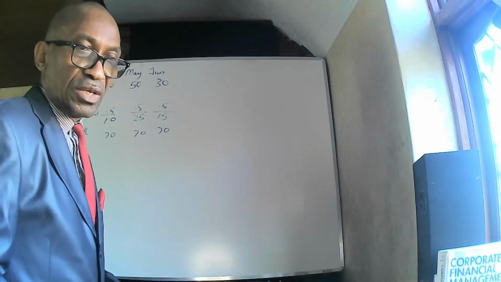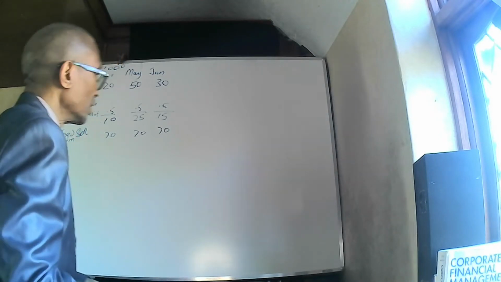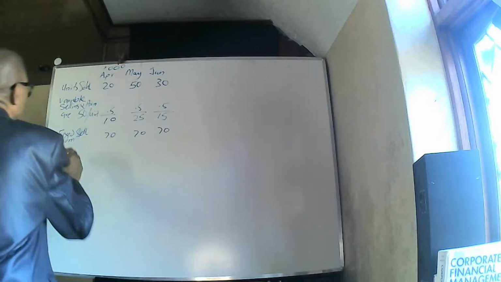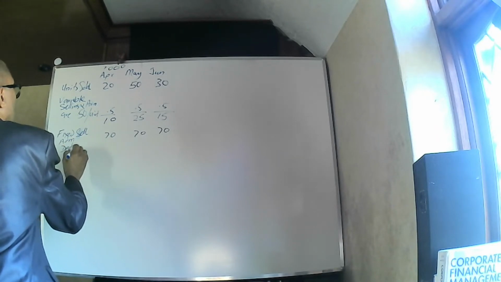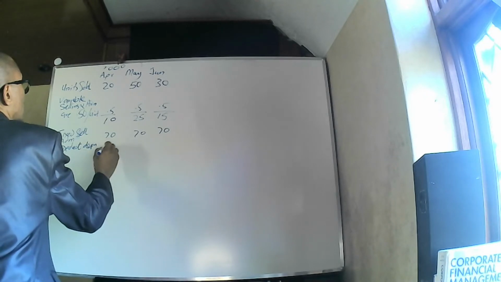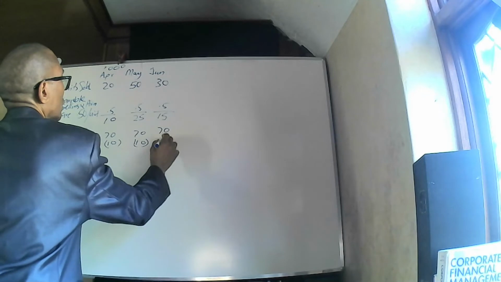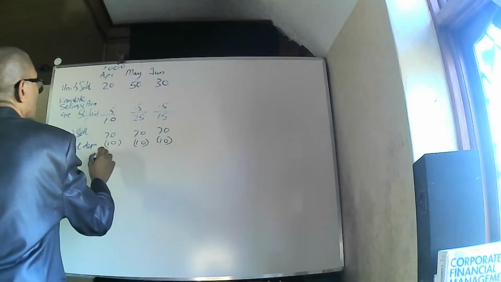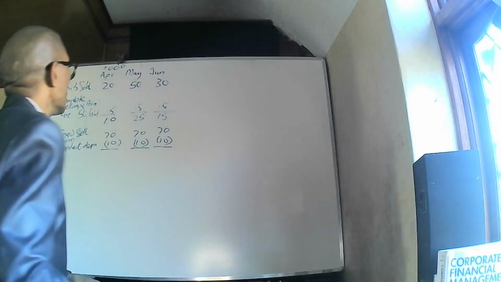Of the 70,000 fixed expenses, 10,000 is depreciation. So we need to deduct depreciation, 10,000 off that, 10,000, 10,000 of that.